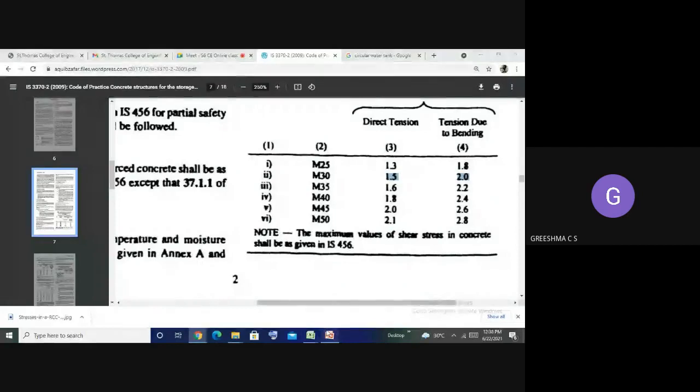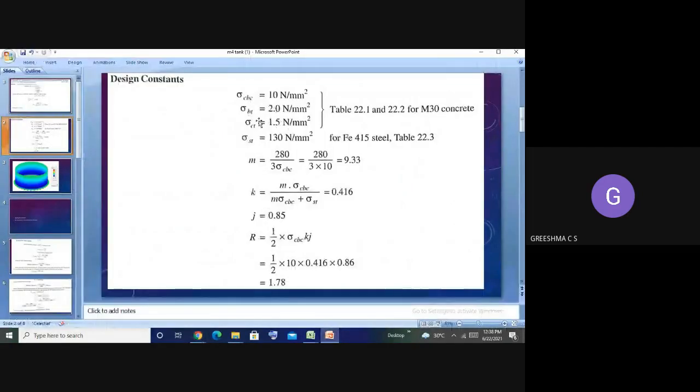So you can write down here sigma bt, that is tension due to bending. Sigma bt is tension due to bending, and sigma ct is stress due to direct tension, that is 1.5 Newton per mm square.